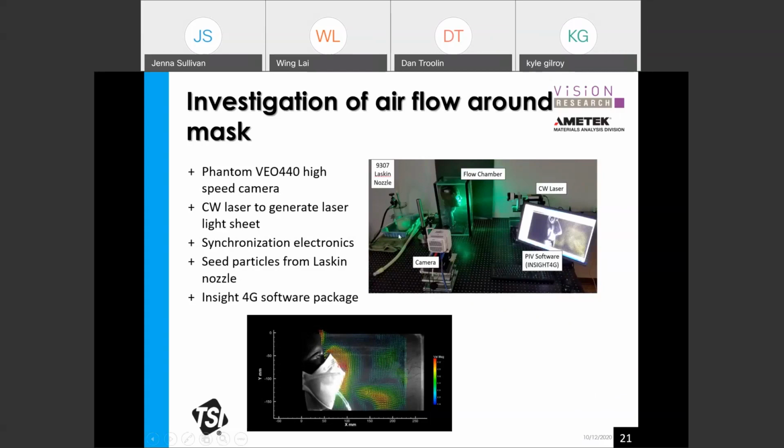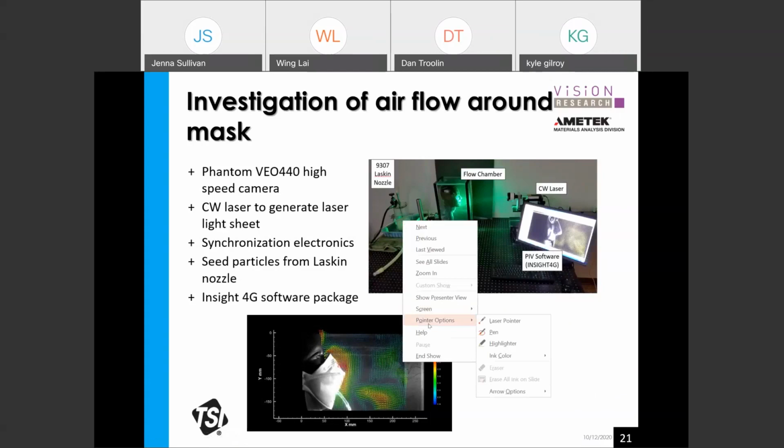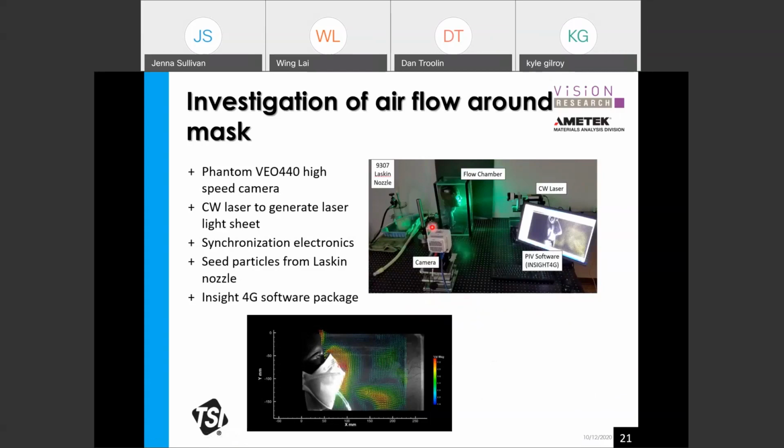There is a seed particle generator over here to fill the flow field area. The lasers are located over here to generate the laser light sheet. And this is the model we are looking at, the flow around a mannequin without and with the mask on.